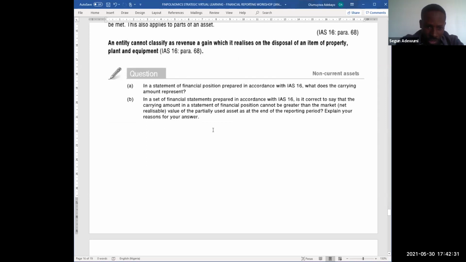B, in a set of financial statements prepared in accordance with IAS 16, is it correct to say that the carrying amount in a statement of financial position cannot be greater than the market or net realizable value of the partially used assets as at the end of the reporting period? Explain your reasons for your answers.